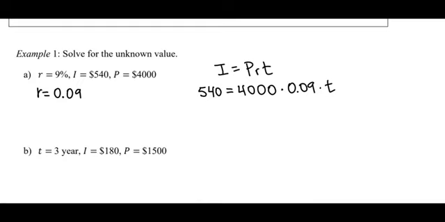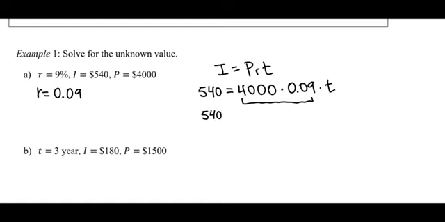All right. So 4,000 multiplied by 0.09, that is a number that we can find. So we're just going to multiply those two numbers. So this 4,000 times 0.09 is 360. So we're going to simplify.